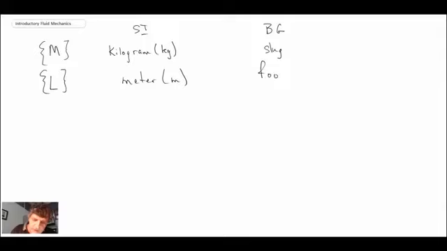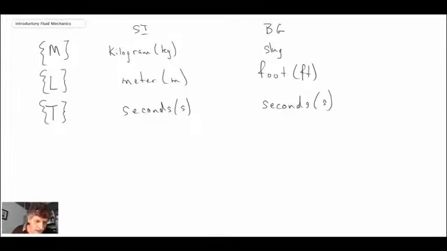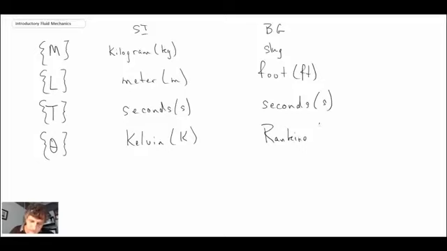And in British units, it would be the foot, sometimes expressed as FT. Time is going to be common between the two unit systems. And if we're looking at temperature, we're usually talking Kelvin in SI, and Rankine, denoted by degree Rankine, in the British unit system.